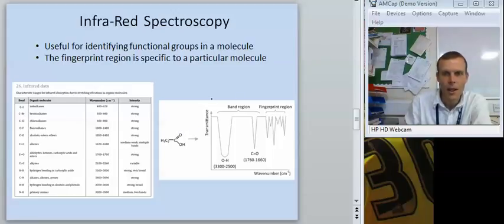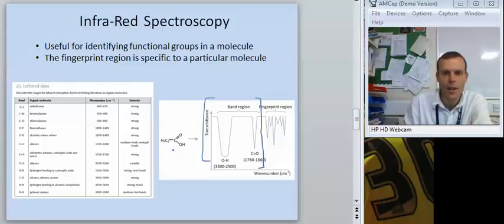So we tend to look at primarily this section, which is called the band region, and we can use a table of information in our data booklets and look within that band region and see where these peaks lie, or the absorbances lie, and work out based on their position and maybe their intensity, like whether they're big or small, which functional groups are likely to be present in our molecule.